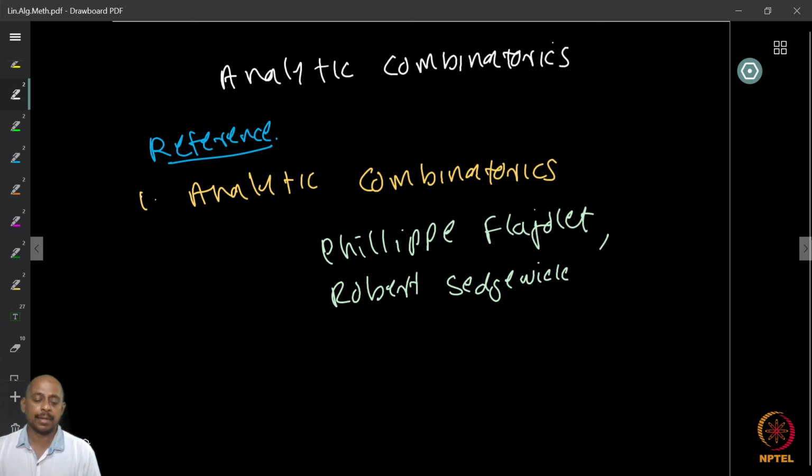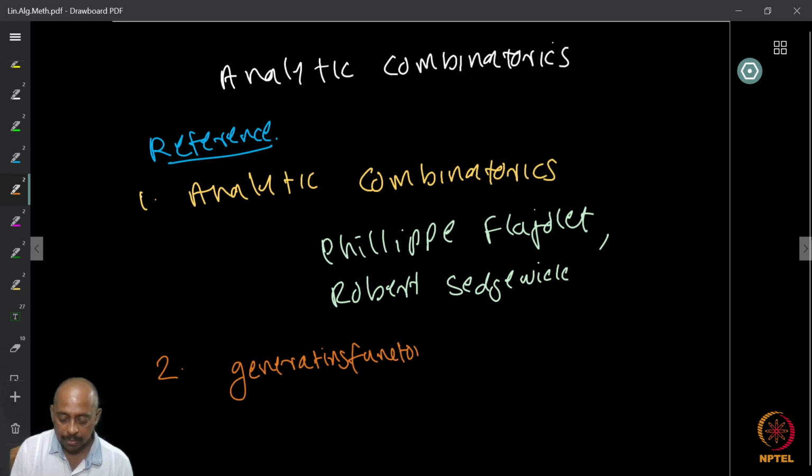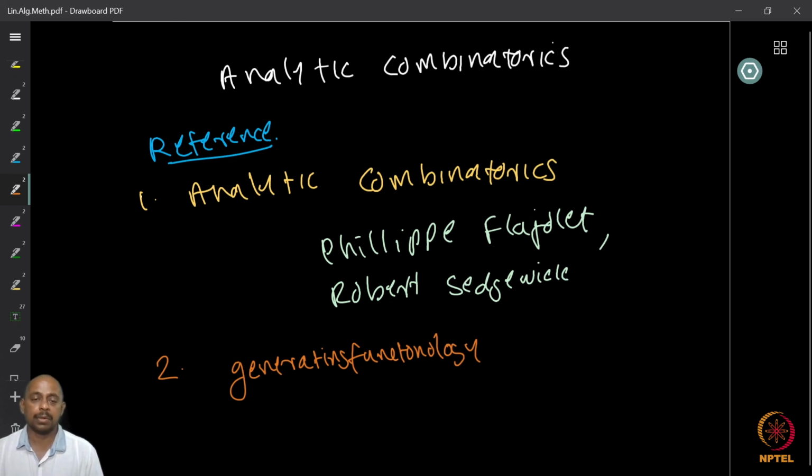Then related to this, one can also look at the book called generatingfunctionology. This is the title of the book, a single word that I have written, and this book is by, I think, Herbert Wilf, if I remember correctly.